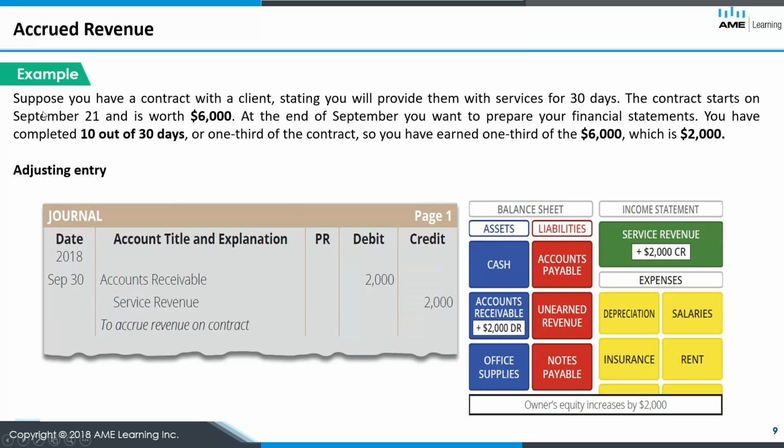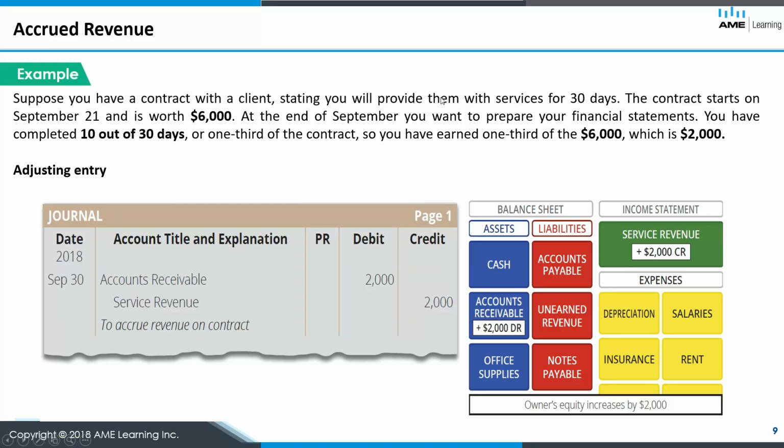And here we have a pretty good example of a situation that would necessitate that kind of adjustment. And like I mentioned when I was talking about accounts receivable, it's very commonly used just in general journal entries throughout the month in typical run-of-the-mill business transactions.